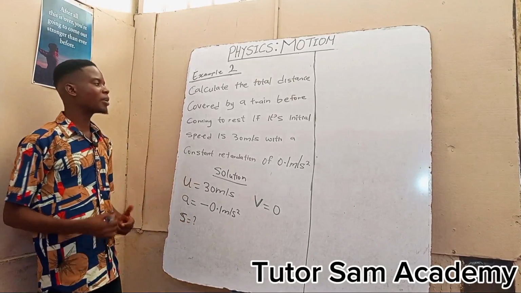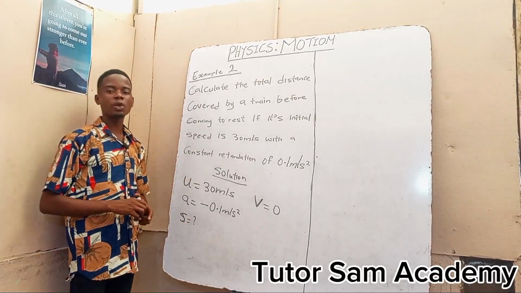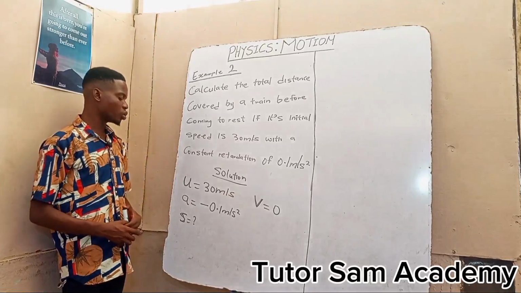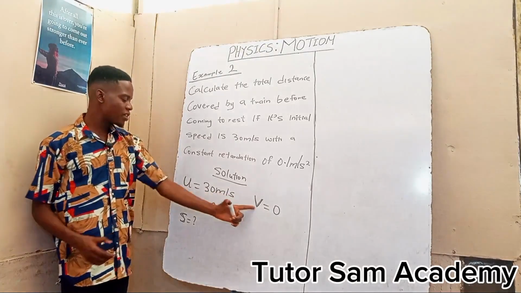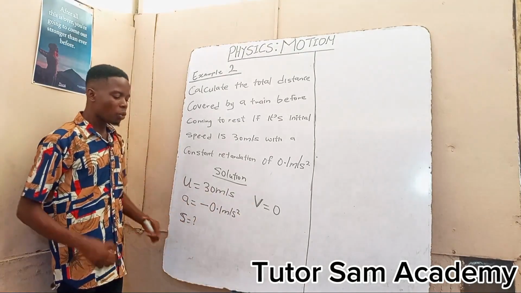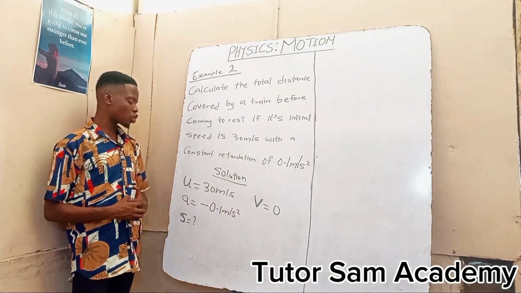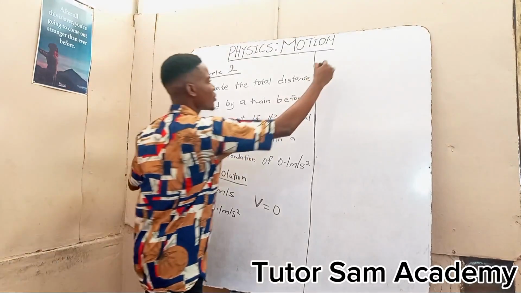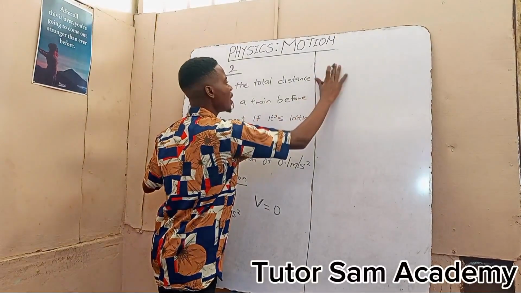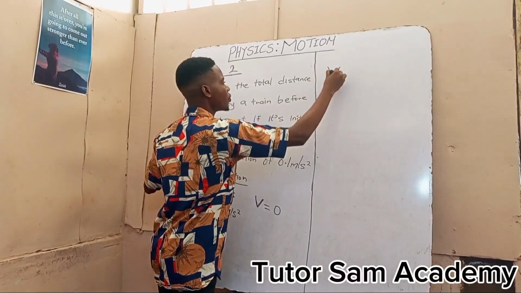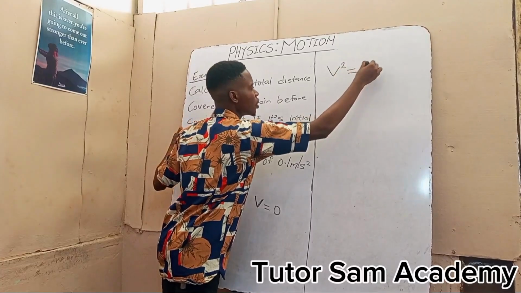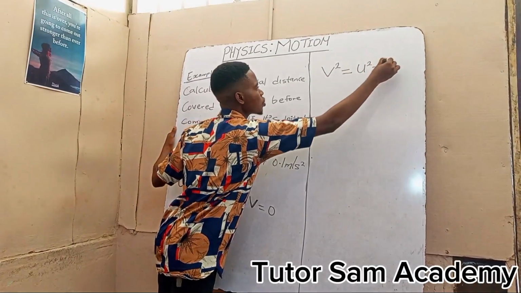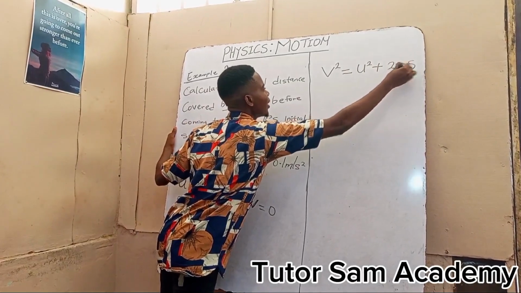So with all these parameters, you can look for the equation of motion to use. When you have U, you have V, you have A, we have S. Which of the equations of motion can we use to solve this? So equation 3 can do that for us, which says that V square is equal to U square plus 2AS.